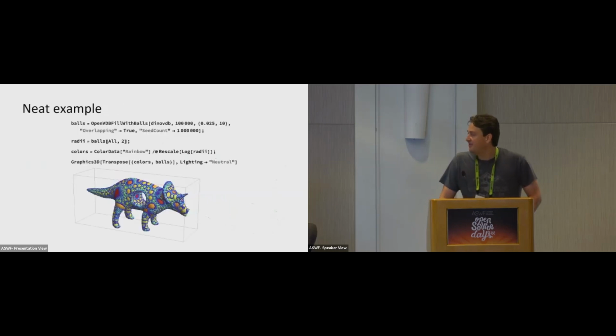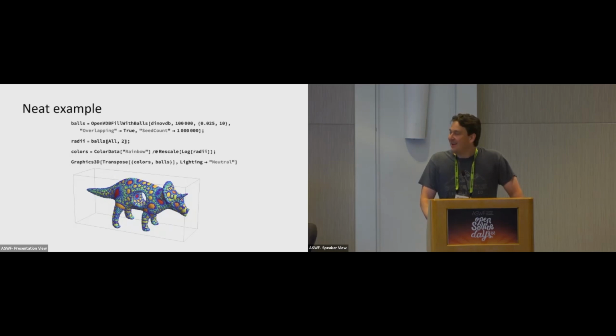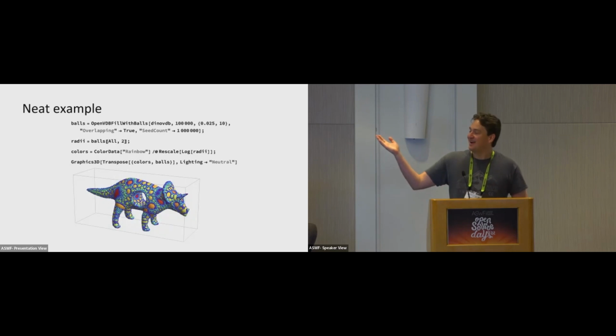As a fun example, there's probably an obscure function in VDB called OpenVDBFillWithSpheres. And actually, it's an interesting distinction. In Mathematica, a sphere is the two-dimensional boundary, and the ball is the volume. So I've decided to call the Mathematica port OpenVDBFillWithBalls because we're filling it with the solid.